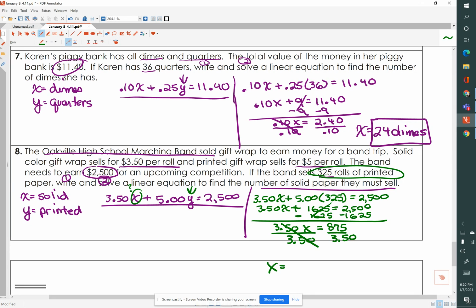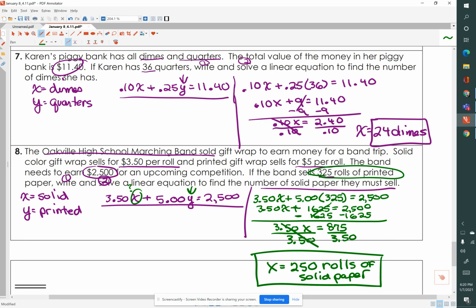And x will equal 250. So we're dividing 875 by 3.50, which will give us 250. 250 what? Rolls. What kind of paper? Rolls of solid paper. And that's our final answer.